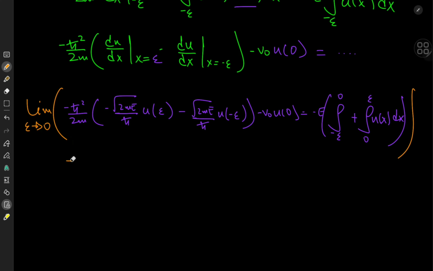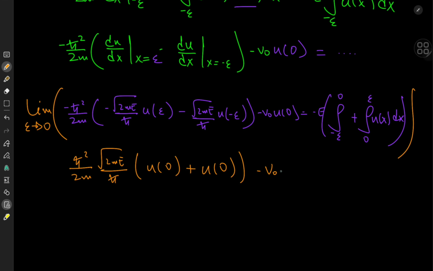So that's negative, signs canceling out, h bar squared over 2m times root 2me over h bar. And then we're left with u of 0 plus u of 0 minus v naught times u of 0. And on the right-hand side, because of the continuity of u, the integrals are just going to collapse to zero.